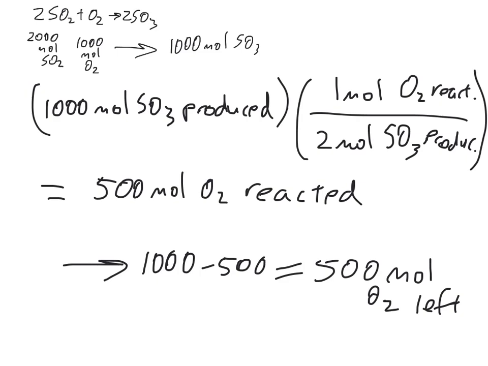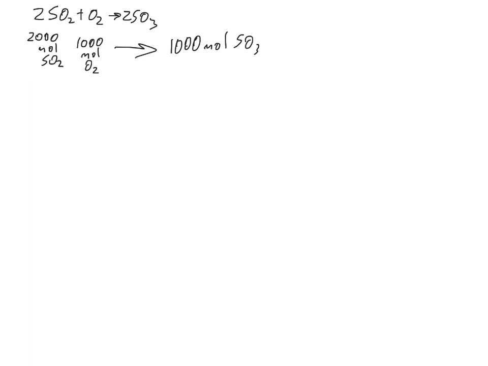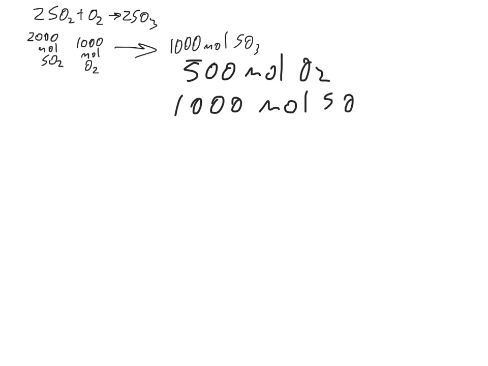I can do similar analysis based off the stoichiometric coefficients to realize that I will have 1,000 moles of SO2 left after the reaction goes. So, putting it all together, we have 500 moles O2 and 1,000 moles SO2 left.